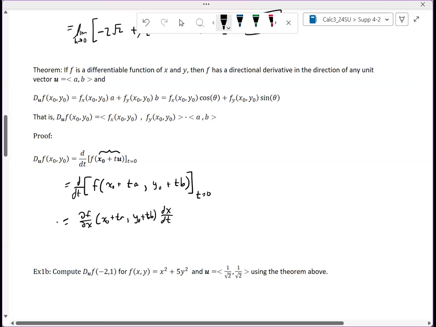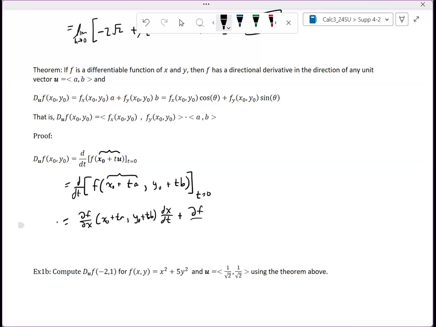So dx dt is the derivative of that first component with respect to t. The only variable in here is t. There's not some other independent variable, so we're using normal derivatives here.